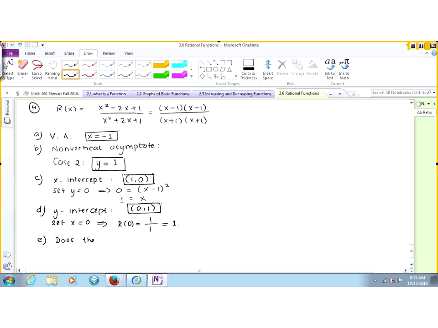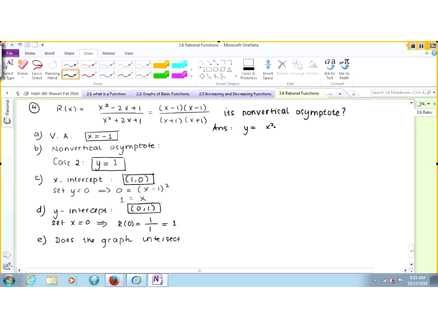Yes, it does? Okay. So does the graph intersect its non-vertical asymptote? So that's the question.